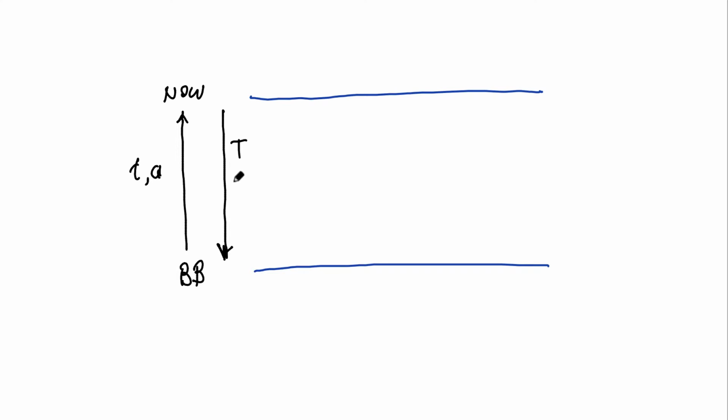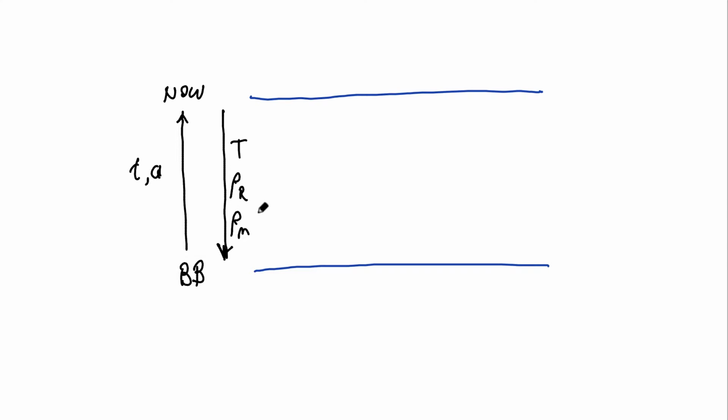Let me draw a space-time diagram that shows some of these features. So this is the Big Bang, and this is now. So time is running up in this diagram, and also the scale factor is increasing upwards in this diagram. The temperature of the universe decreases as we go forward in time, so it increases going backwards in time. So this is temperature, and also the energy density in radiation and the energy density in baryonic matter.